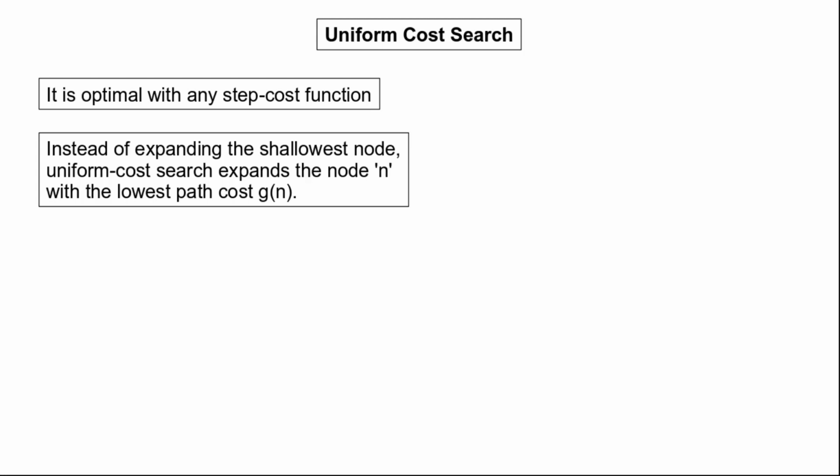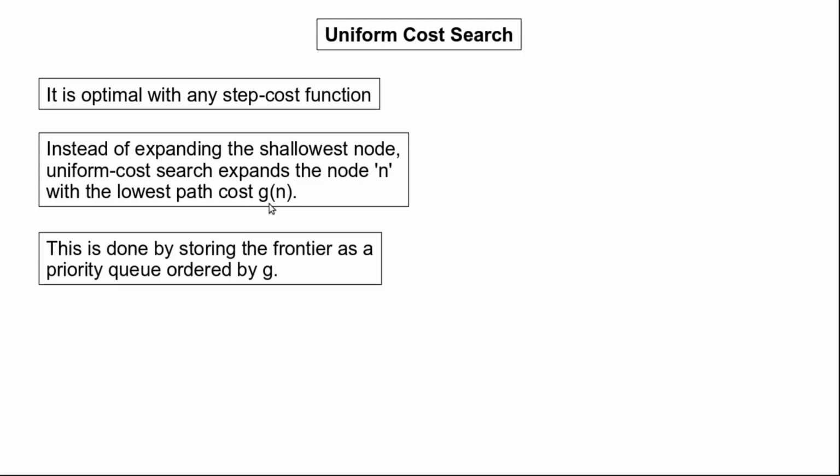So it's not always the case that we select the shallowest node for expansion in the next step. Nodes are selected for expansion based on a path cost function g(n). And this is done by storing the frontier as a priority queue ordered by g.